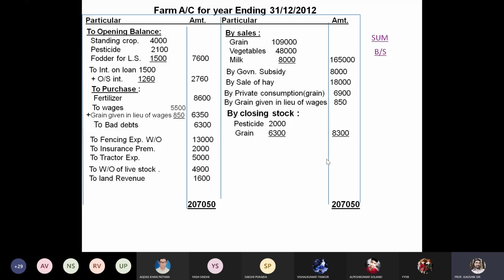One lakh 48,940 profit will be added in the capital. Go to the balance sheet. After adding the profit, let me know the total of balance sheet.